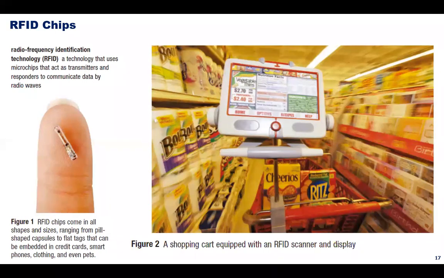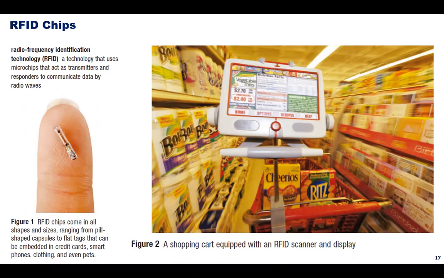RFID was invented in 1969, but has only recently become widely available in commercial applications. RFID tags have uses in product tracking, transportation, and logistics, animals and plants identification, and payment systems.